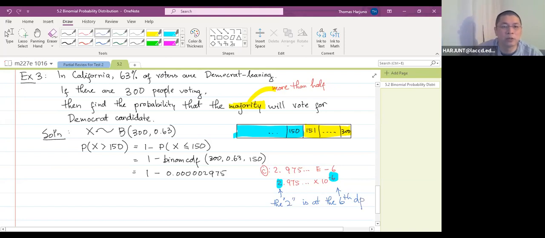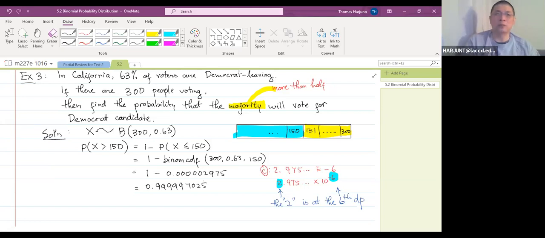Which, when I subtract, I will get 0.999997025. So the probability that the majority will vote for the Democrat candidate is nearly 1. If I round to 5 decimal places, that would be 1.